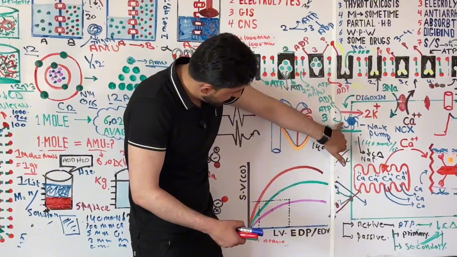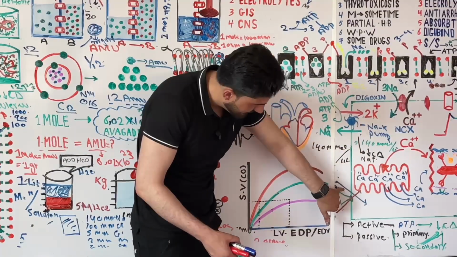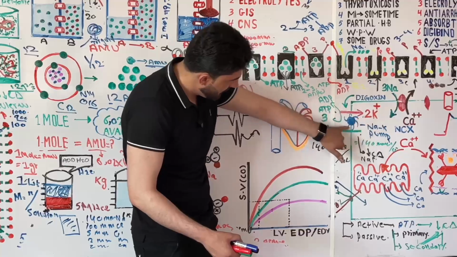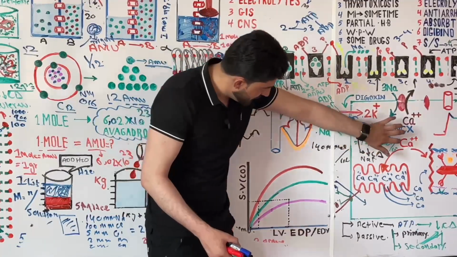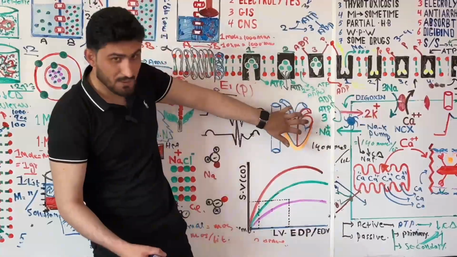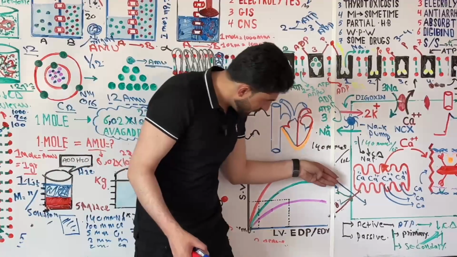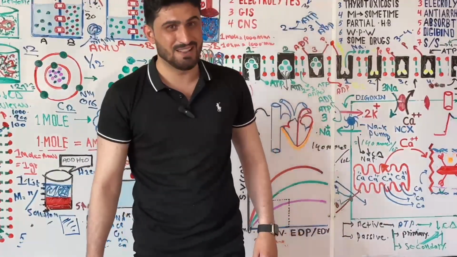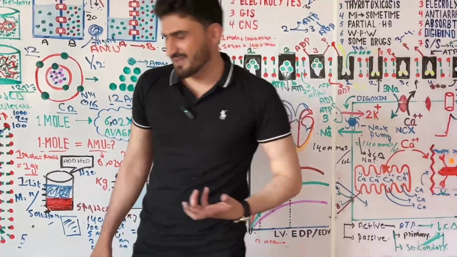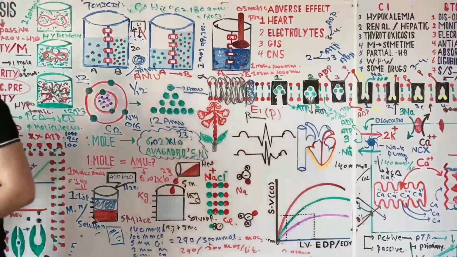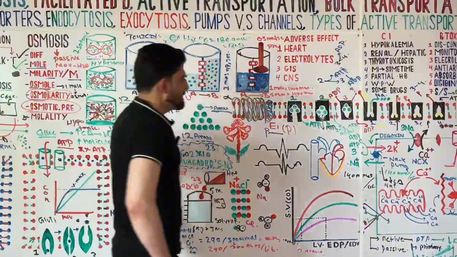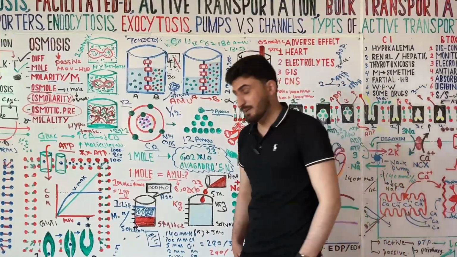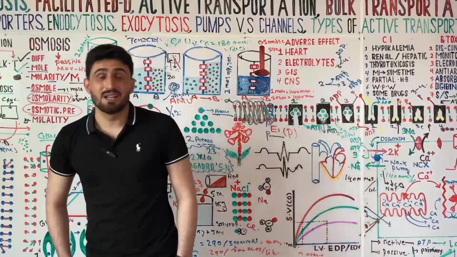Because this sodium potassium pump was responsible for this secondary active transportation. When I enhance the sodium potassium pump activity, I will remove more sodium from the inside and more sodium from the outside comes inside the cell with glucose, and that's why insulin enhances the function of the sodium potassium pump.